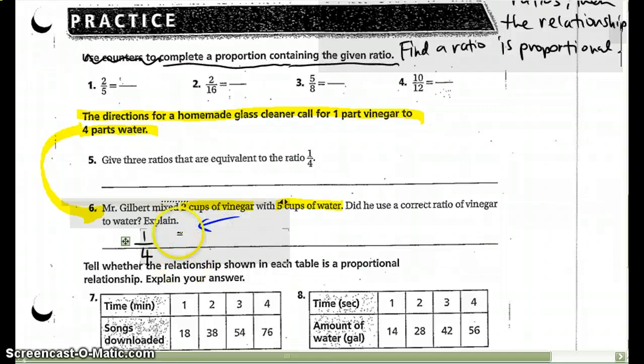It needs to be proportional when we're talking about like a mixture, in this case, of different parts. And it's not equal. 1/4 is not the same as 2/5. Okay?